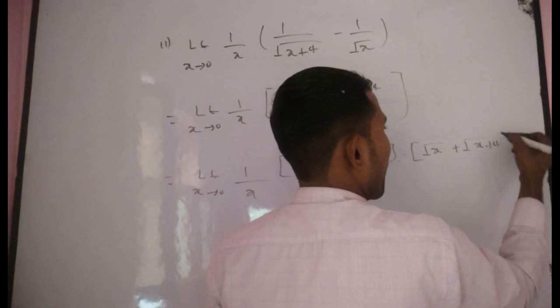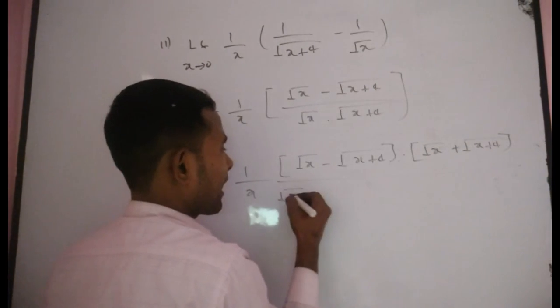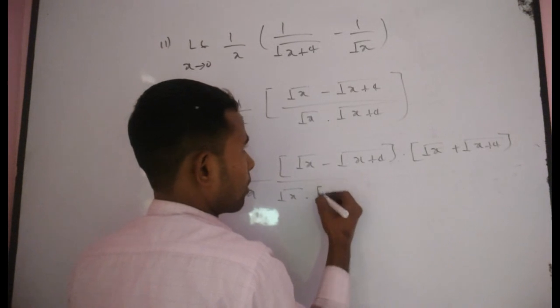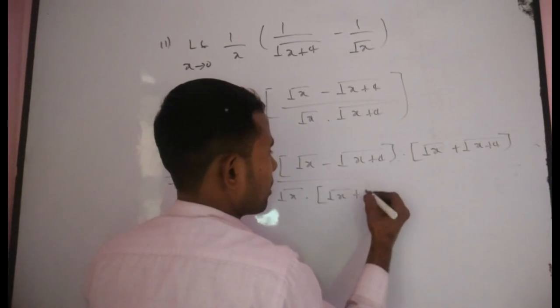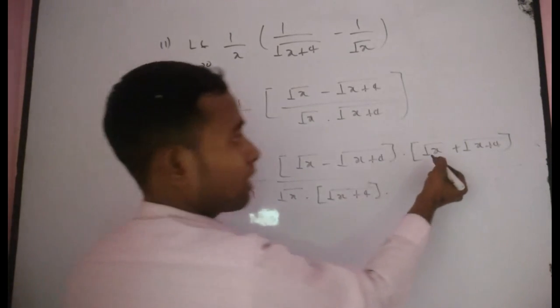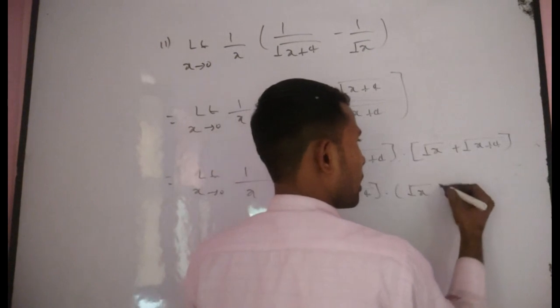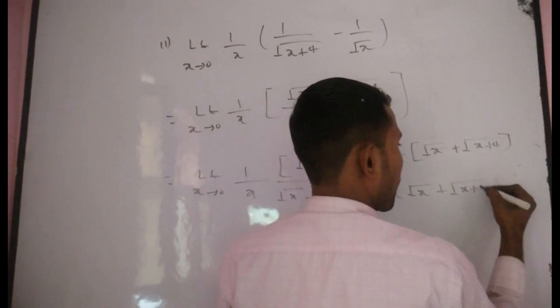And the second term is root under x into root under x plus 4. As you have multiplied the numerator by root under x plus root under x plus 4, you also have to write it in the denominator.